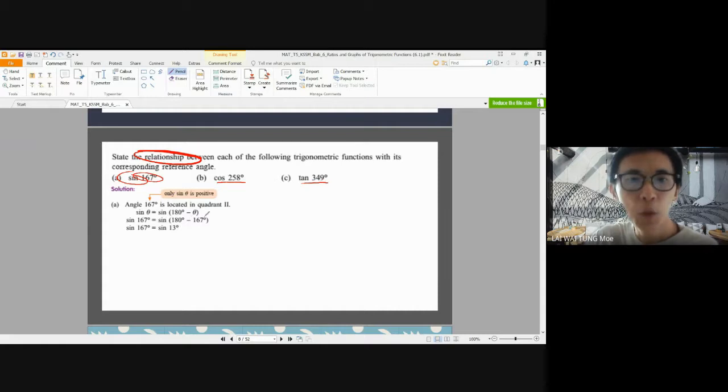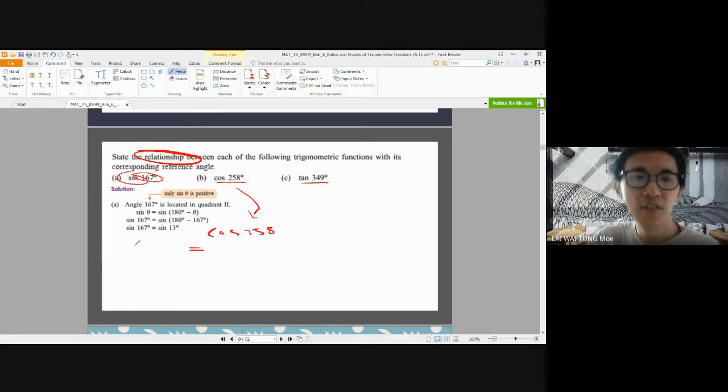For question B, let's do it together. I'll do it here. Cos 258 will equal to... first we must identify in which quadrant this 258 is.